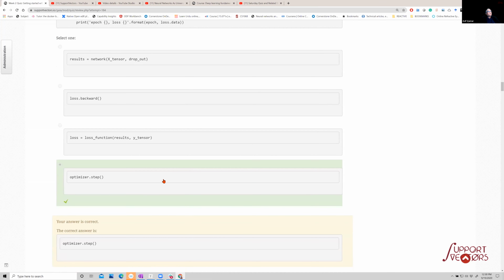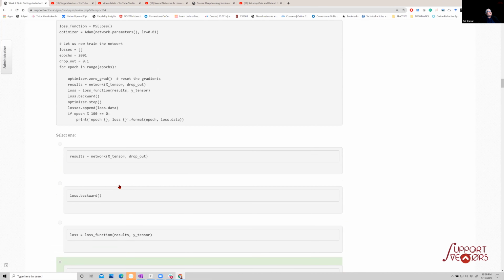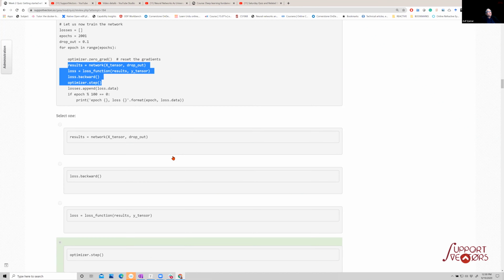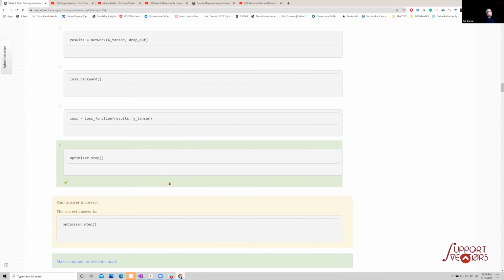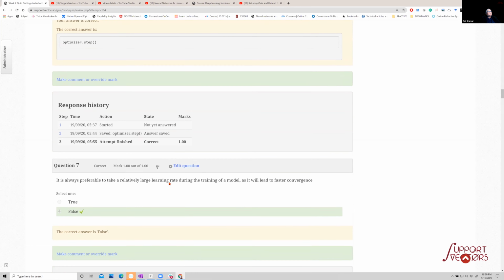It is the last step, the optimizer step. If you understand these 4 lines, you have understood the core of the learning loop in all machine learning algorithms. You always predict, compute the loss, take its gradient, and backpropagate the updates, the gradient descent, in other words.